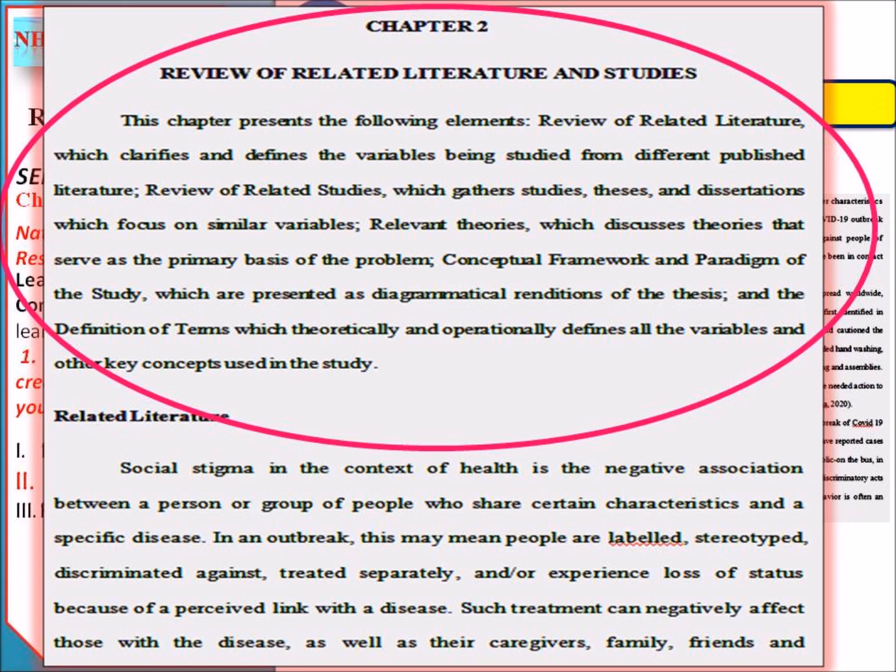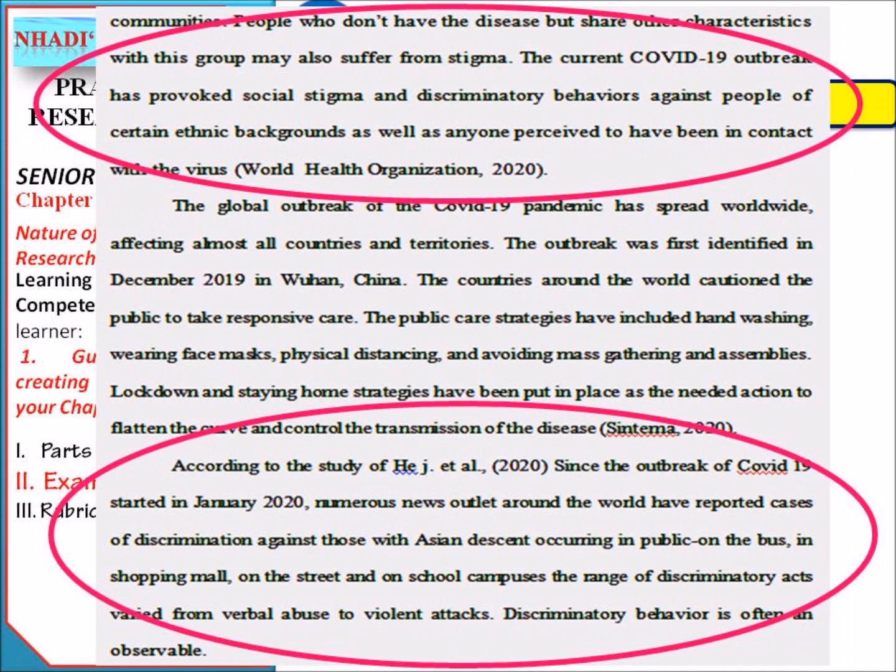This chapter provides the general statement, which discusses the purpose of the chapter, which is under Chapter 2. Here, analyzing the first literature taken from the World Health Organization of 2020, it states that people who don't have the disease but share other characteristics with this group also suffer from stigma.